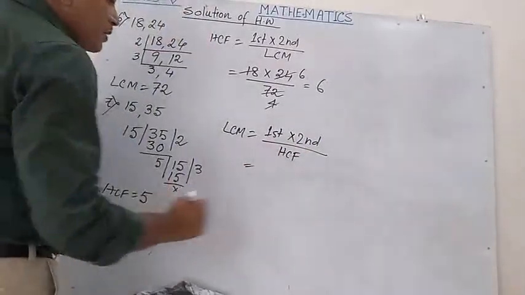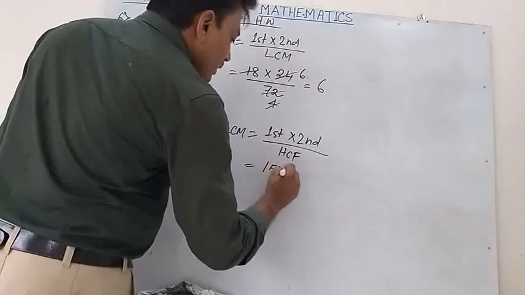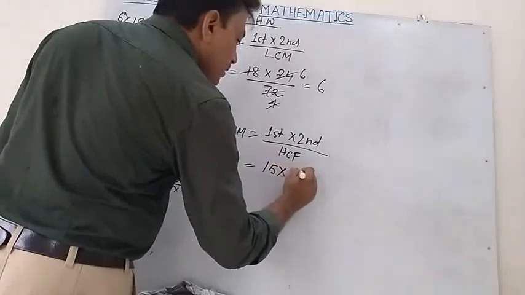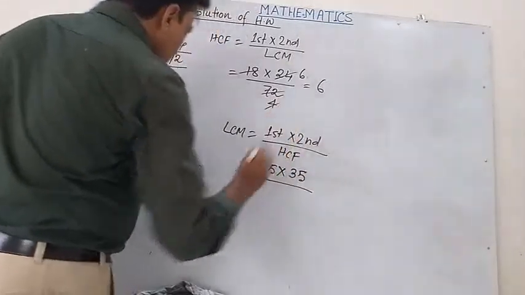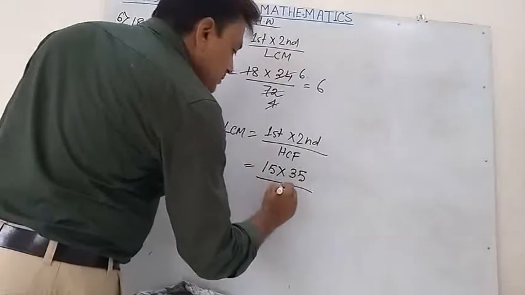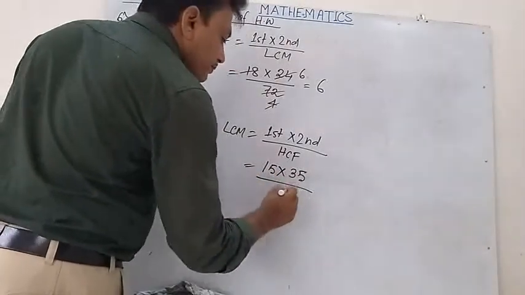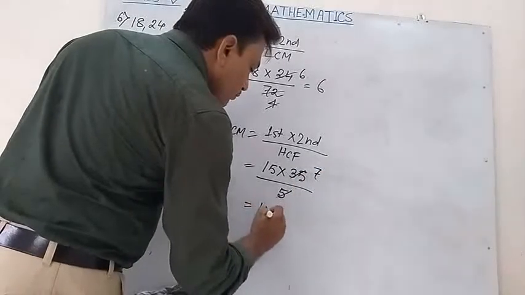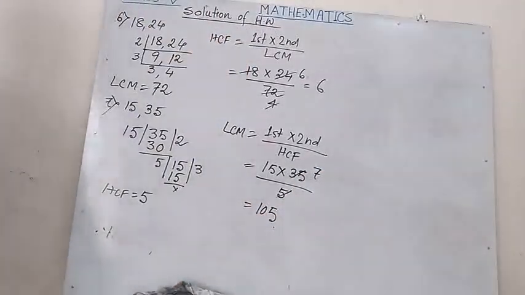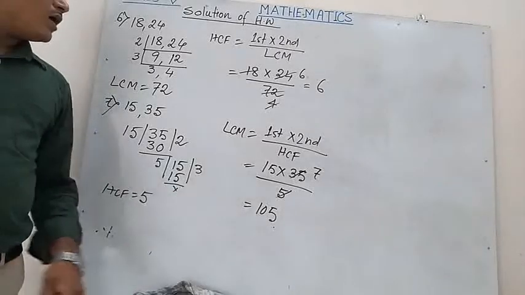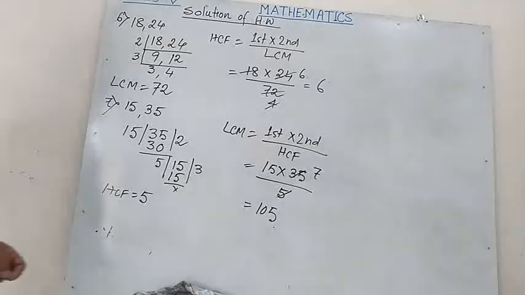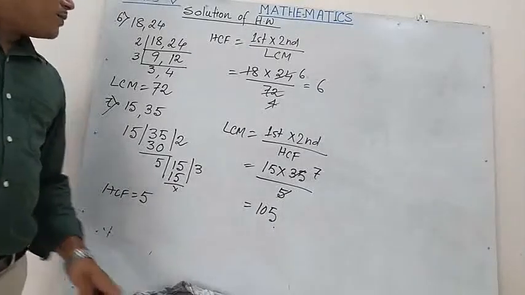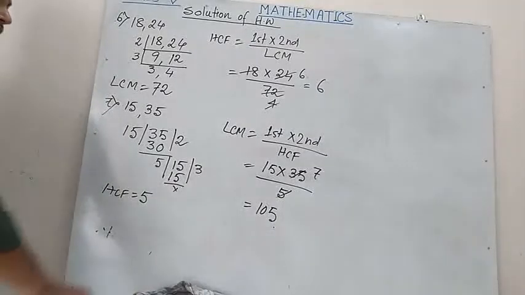So first number is 15 into second number 35 divided by HCF 5. So 5 sevens are 35, 7 into 15, 105. So what is the LCM? LCM is 105.